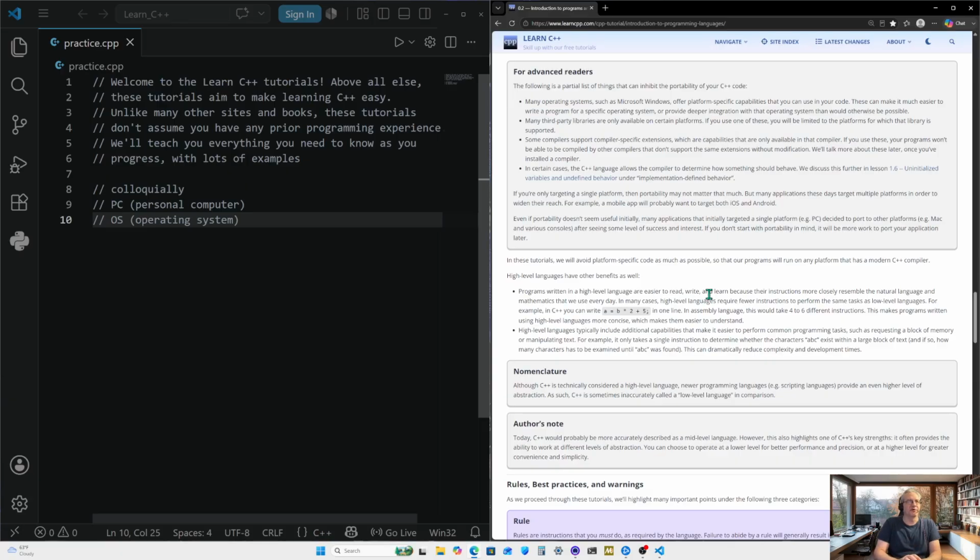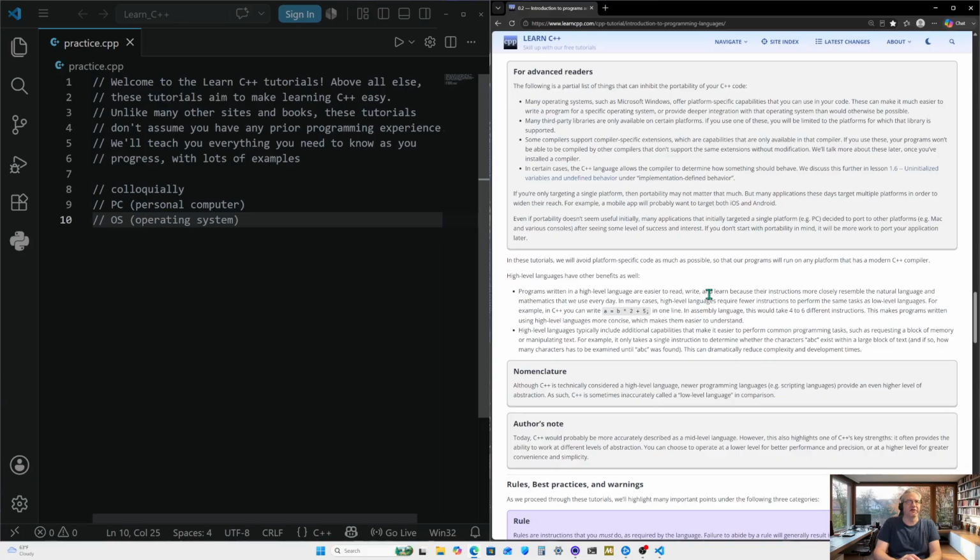Some compilers support compiler-specific extensions, which are capabilities. I don't understand why it's typed like that, but unless I'm reading it wrong, which are capabilities that are only available in that compiler. If you use these, your program won't be able to compile by other compilers that don't support the same extensions without modifications.